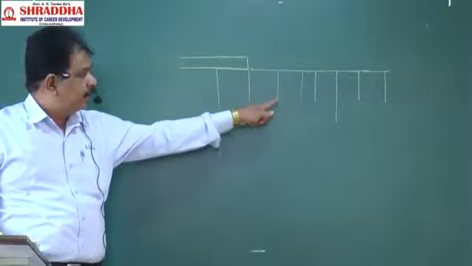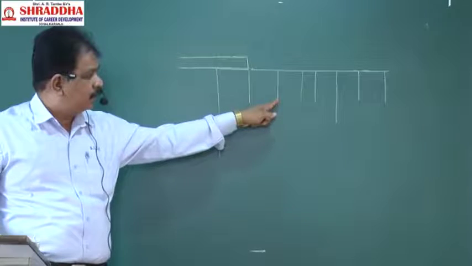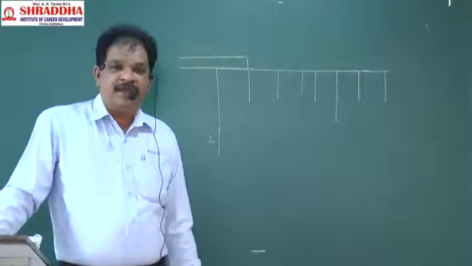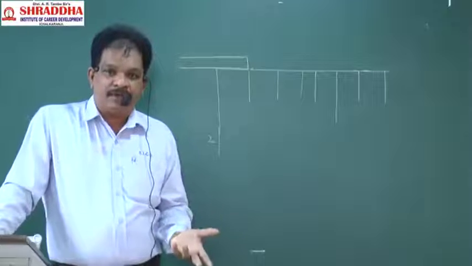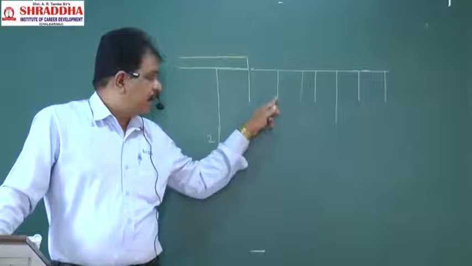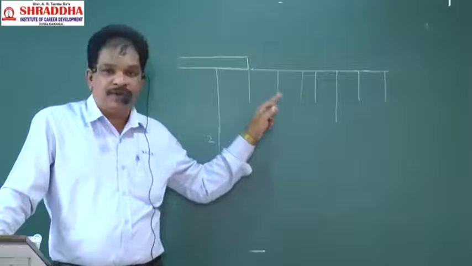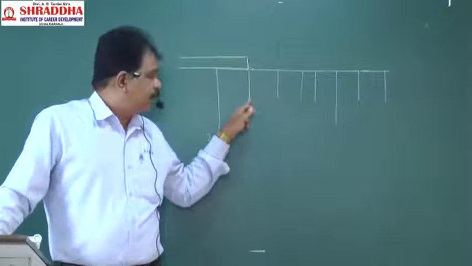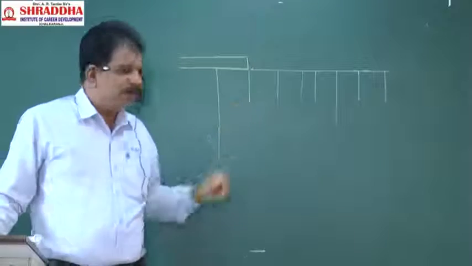When the object exactly came to here, we can say its length will be 2.2 centimeter. Clear? Exactly here, that is 2.2. Exactly here, 2.1.